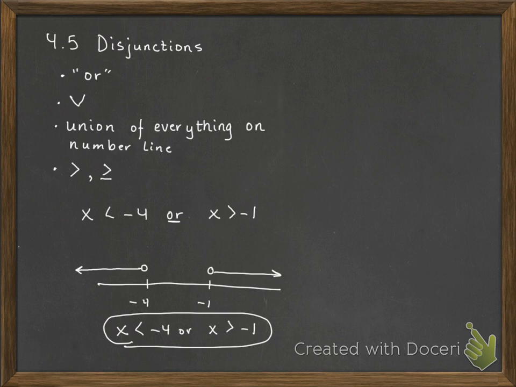But because it's a disjunction and our connecting word is or, we're looking for all of the solutions that are represented on that number line. Okay, there are several different ways that a disjunction can be represented on a number line, and I know that we will definitely get to all of them.